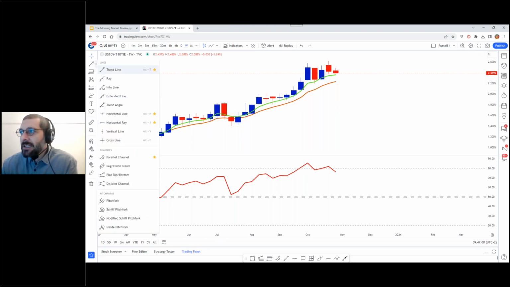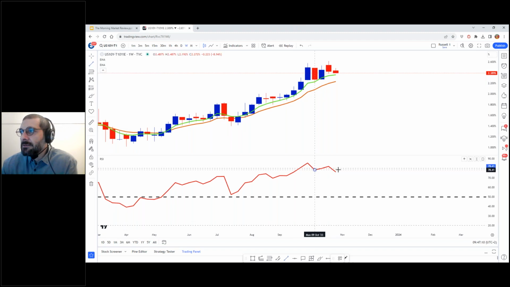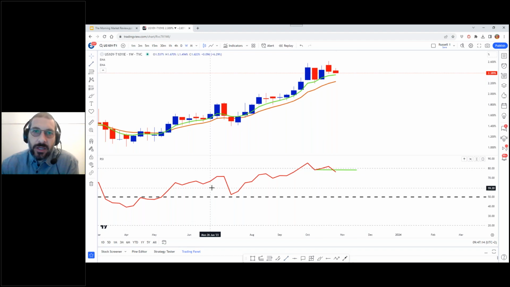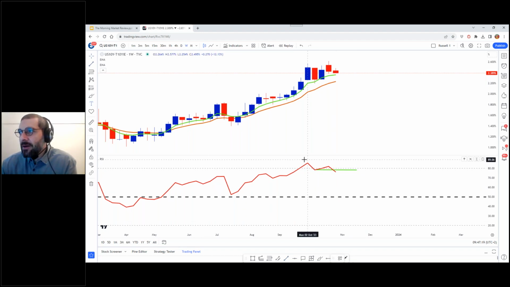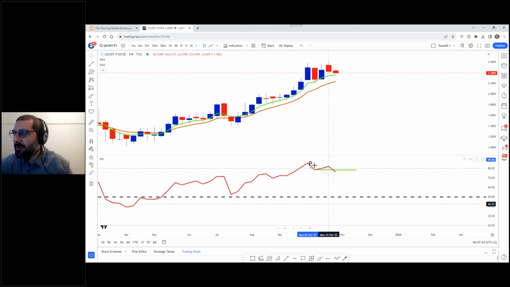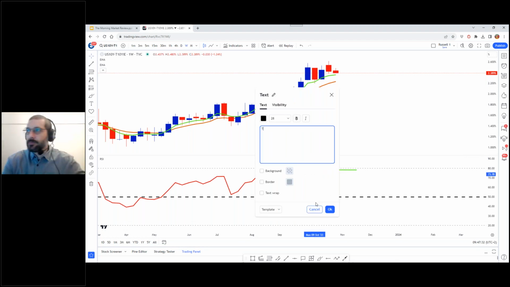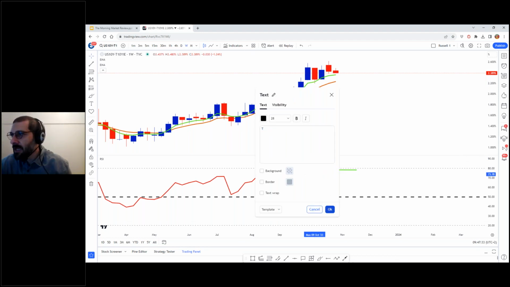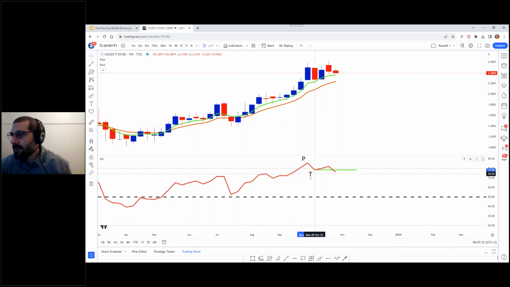Effectively, take a look here. What a failure swing is in the RSI is when we have, I'm going to just put in P for peak. Okay, so we've got a peak, then we've got the trough just over there.